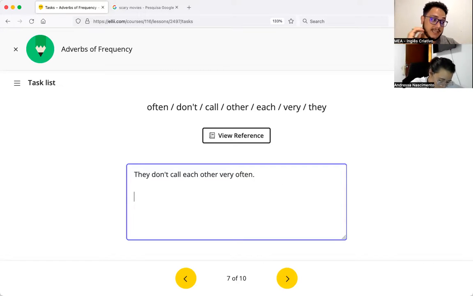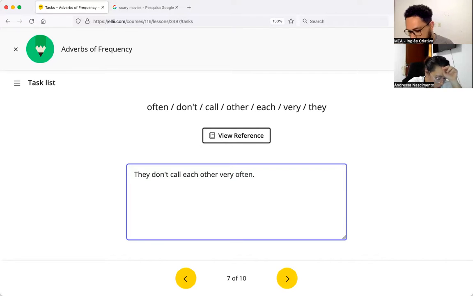And in the negative. Now you have to create your sentence in the negative, okay? Não faço a menor ideia, peraí. It has to be in the negative.